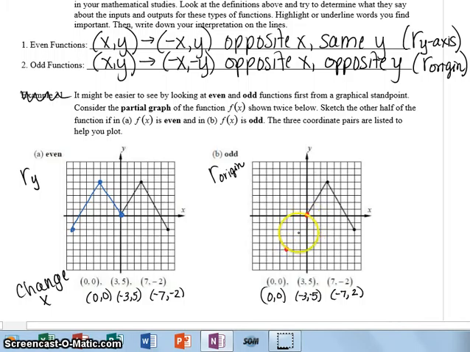Okay, there's my point, -3, -5. And then this one would be up 2, over 7. So you're going to go over 7, up 2. And there's the coordinate -7, 2. So that's what a reflection through the origin looks like.